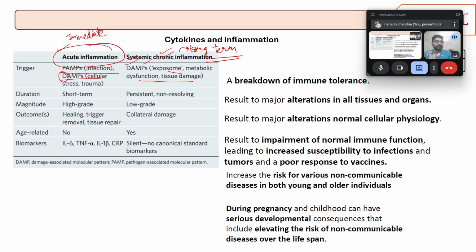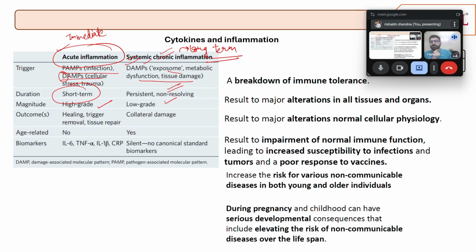Any disease condition will lead to chronic inflammation. The duration of acute inflammation is short term, while chronic is persistent or non-resolving, which means it leads to long-term effects. The magnitude of acute inflammation is high grade, and chronic is low grade.